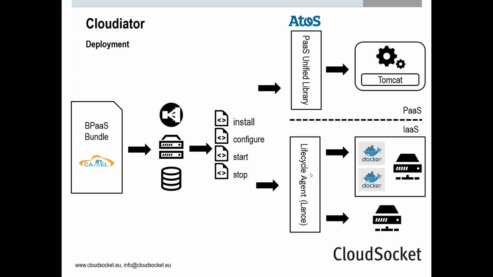If the software component gets deployed on a platform as a service, the PaaS unified library, which is developed by Atos, as well a partner in CloudSocket, will take care of providing the environment. So for example, Tomcat 7 to deploy a WAR application, then it will be handled by this component. But it's all encapsulated in the Cloudiator tool.